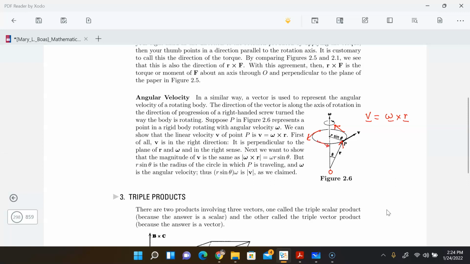But you know the rotation axis is going to be there. This is essentially giving you the rotation axis, and that gives you the vector omega here. In this particular case, this v is what we call the linear velocity, and omega is your angular velocity.